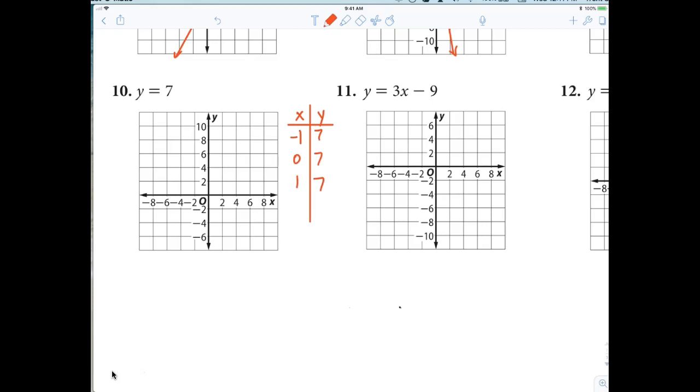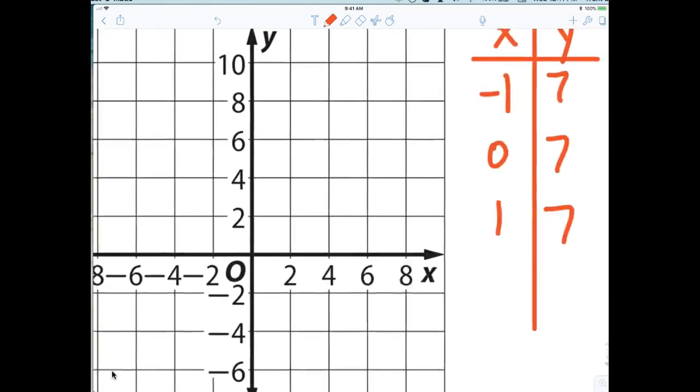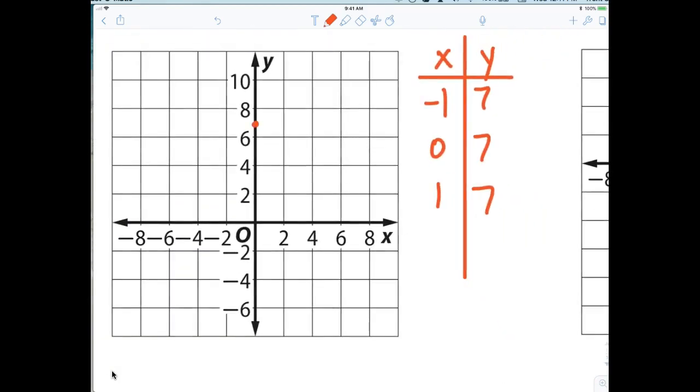So when you graph this, 0, 7, 1, 7, negative 1, 7, right next to each other. And what type of line is this now? A horizontal line.